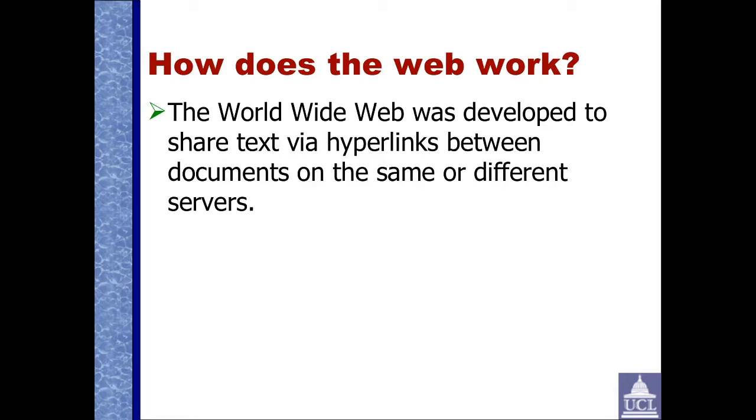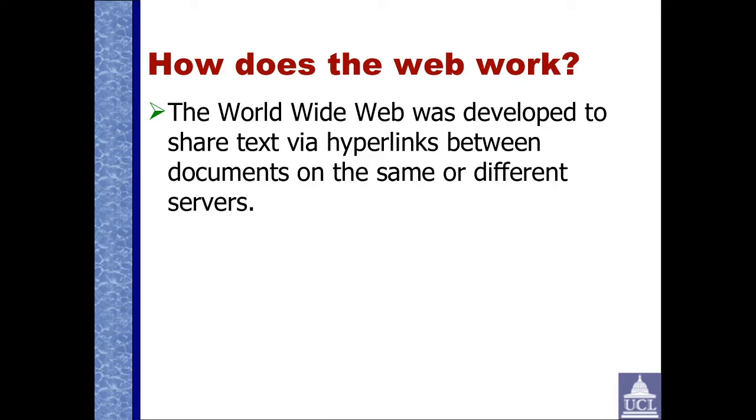How does that work? The World Wide Web was developed to share text on documents on the same or different servers using hyperlinks, in other words clickable links, to allow you to jump from one document to another.